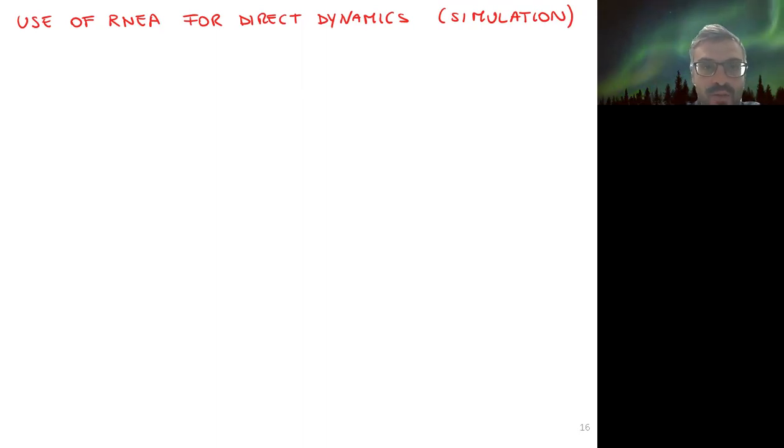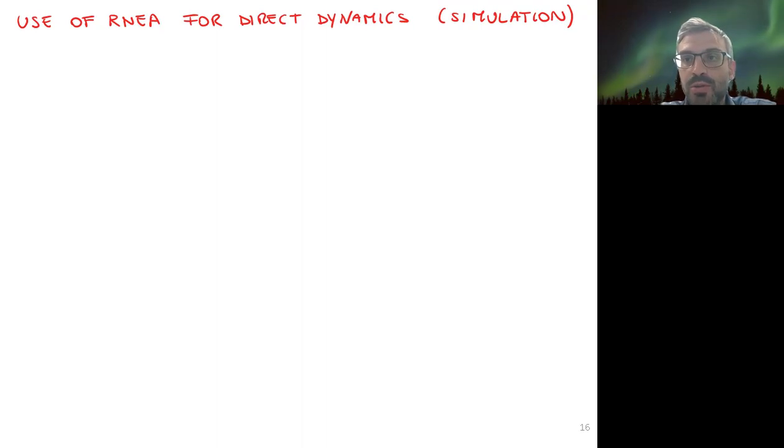We said that Newton-Euler can be better used for inverse dynamics or computed torque, to compute the pattern of torque contributions to give to the actuator to achieve a certain motion, because of its linear complexity in the number of joints.